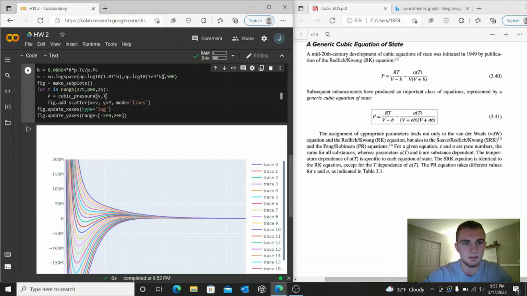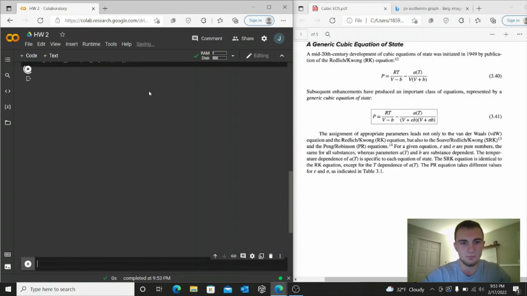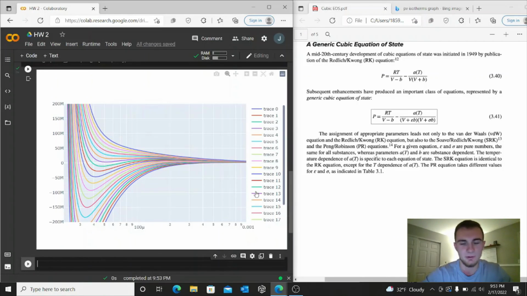So if I go up here and hard code this in to -3, this will be 10 again because this is log space. It raises our values to the power of 10, so 10 to the -3 is 0.001. So let's just make sure this works here. Yep, okay, so it squeezed together our x-axis.